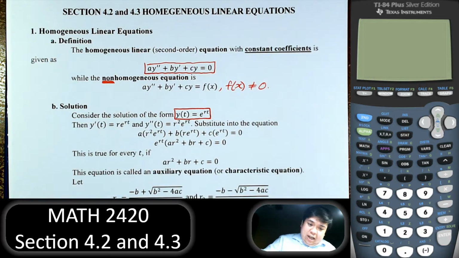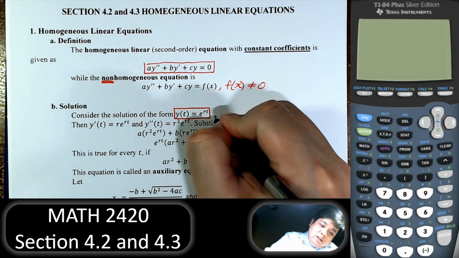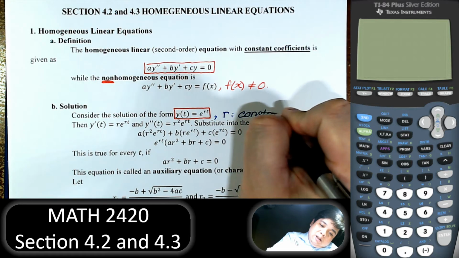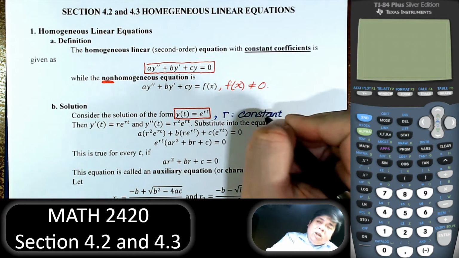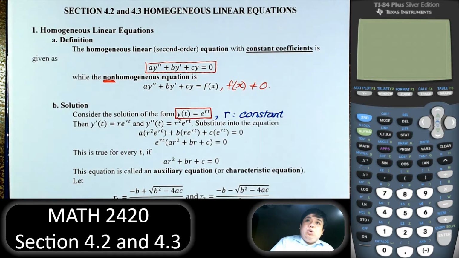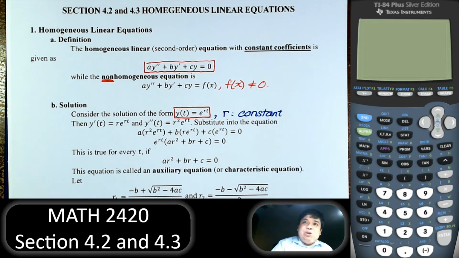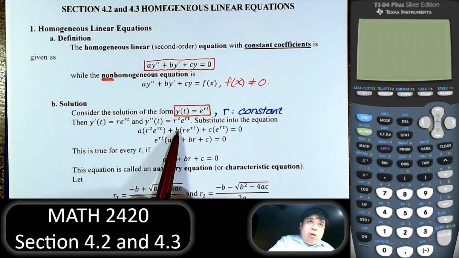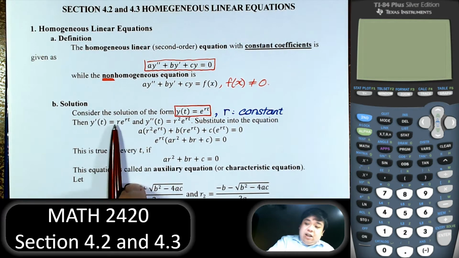In this case, r is a constant. Before you ask why we know the solutions are like that, I'll get back to you on that in a few minutes. But if the solution is in that form, we can take the first and the second derivative.